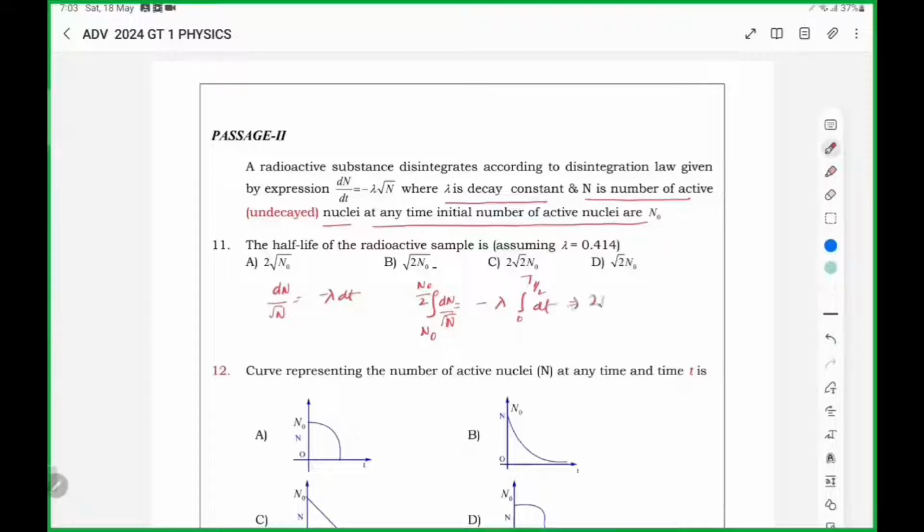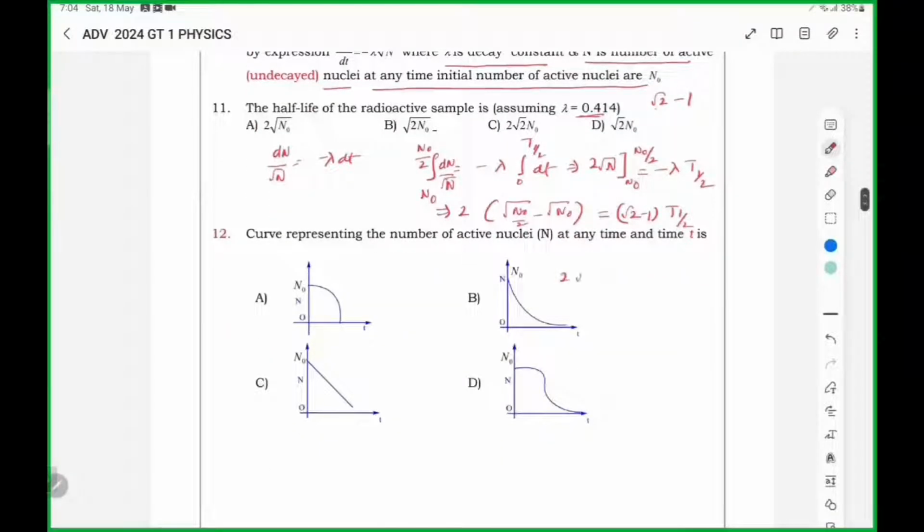So this implies 2 root N, from N0 to N0 by 2, equals minus lambda T half. So 2 times root N0 by 2 minus root N0 equals minus lambda T half.